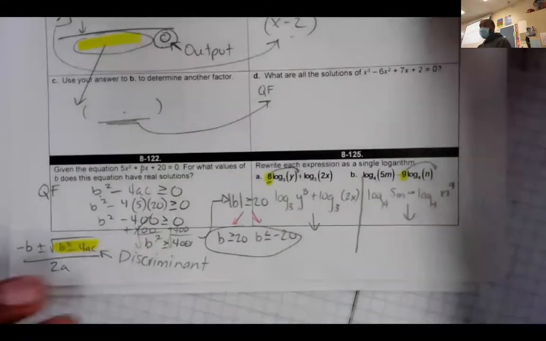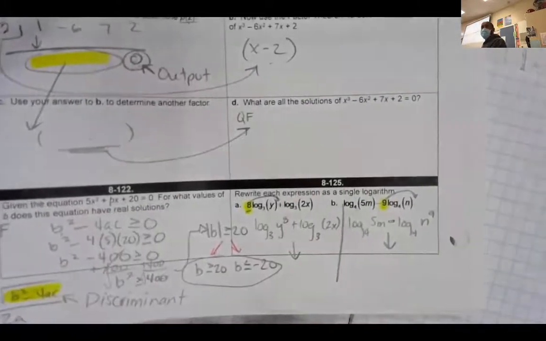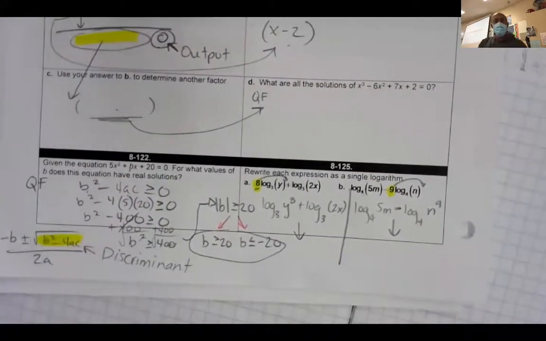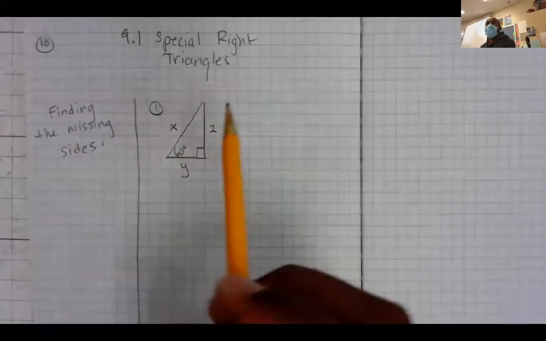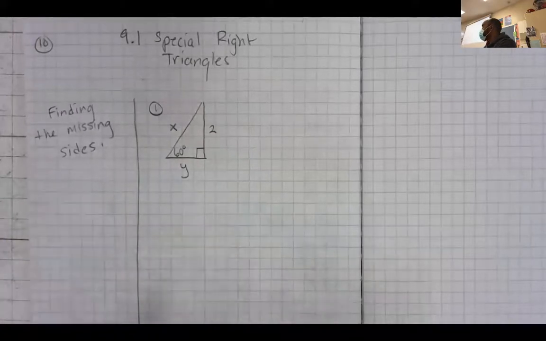Now for today's topic, let me give you guys just a second. So we're looking for X and Y. Before you even start these problems, you want to set up a ratio.